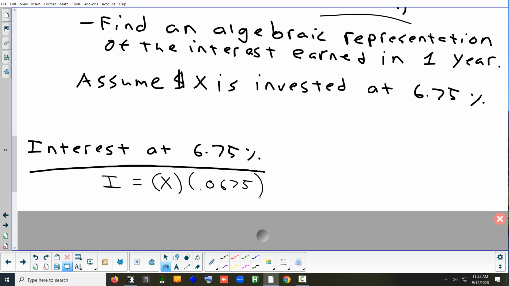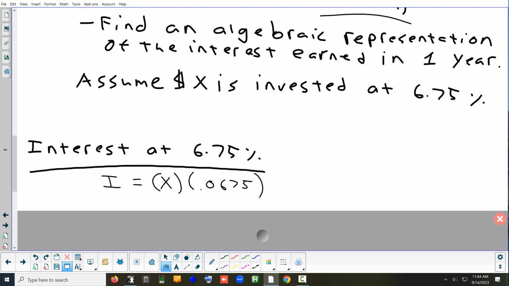Principal, rate, and what's the time that the money's going to be left in that account? Yep. Why is it 0.06? Yeah, I was wondering that as well. Because to change percent to decimal, you move it 2 places to the left. No, 1 place would not be correct. 2 places.